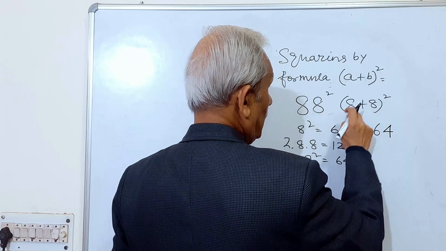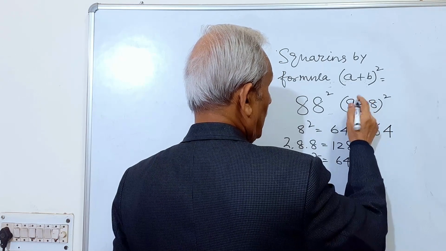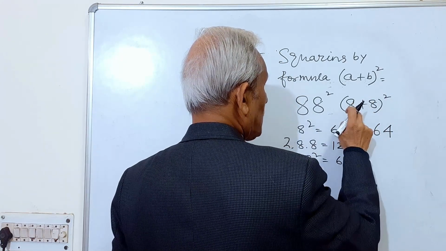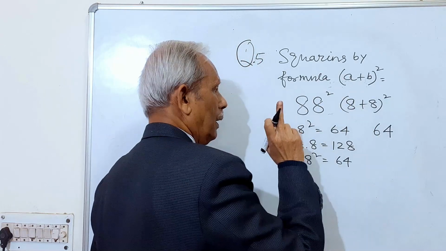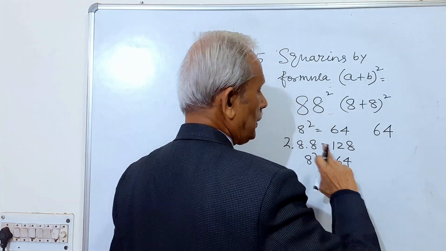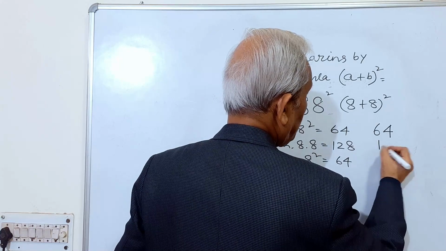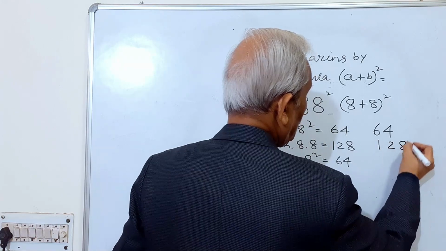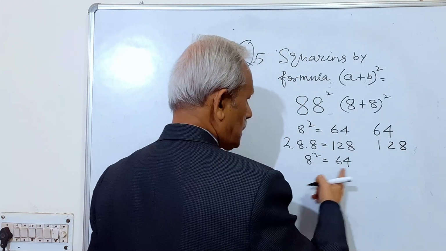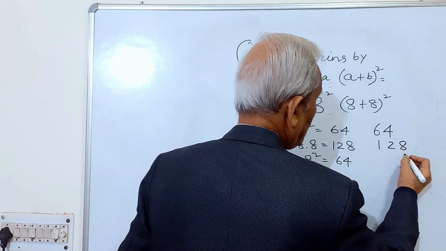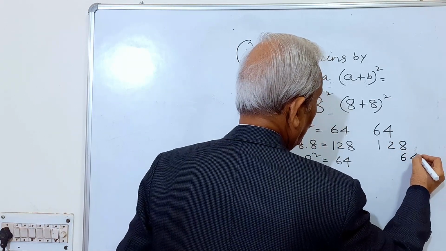And remember here there is only 1 zero after this 8. This is 80, the place value is 80. There is only 1 zero here, so you can shift by one digit only. 64, then 128, we have to shift by one digit. So write here 128. Then 64 again you have to shift by one digit only. So write 6 here and 4 here.